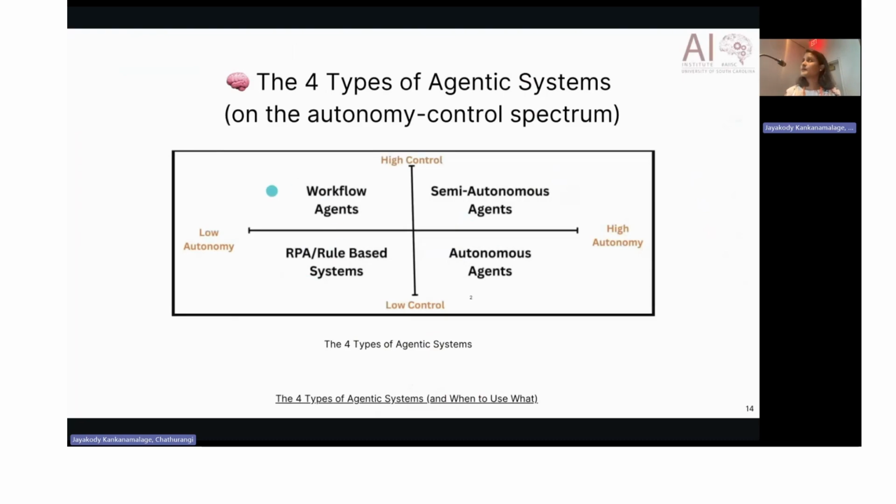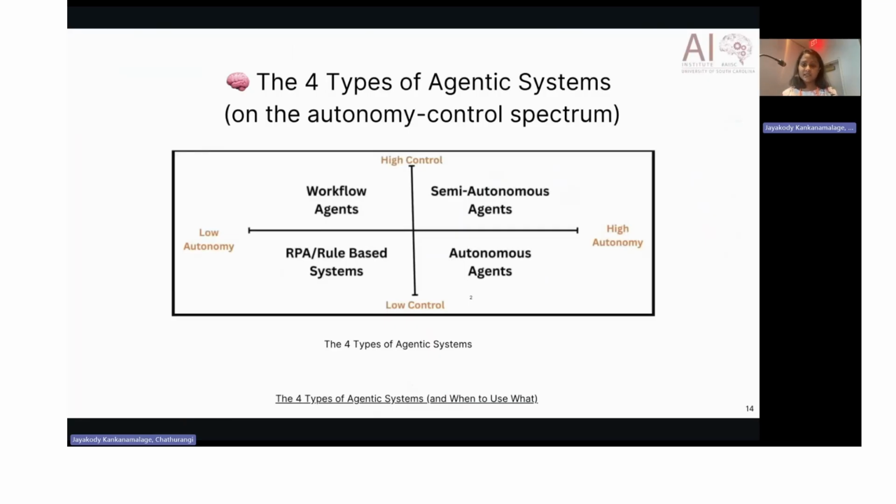And then moving up, we have workflow agents. These workflow agents add more control logic, but they still lack autonomy. They can orchestrate predefined tasks in structured workflows in facilities. And on the right, we have autonomous agents.